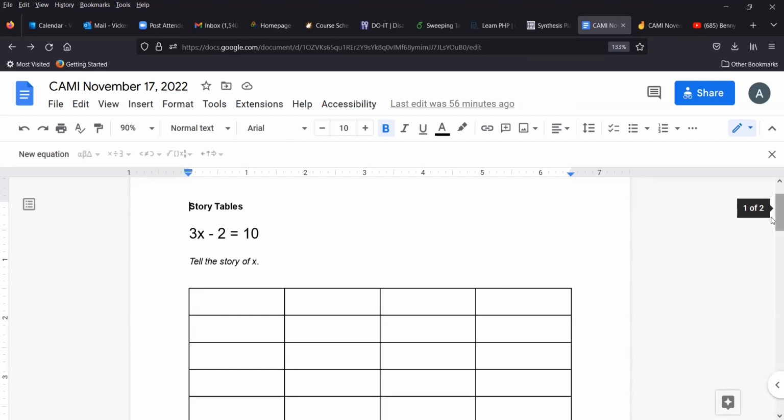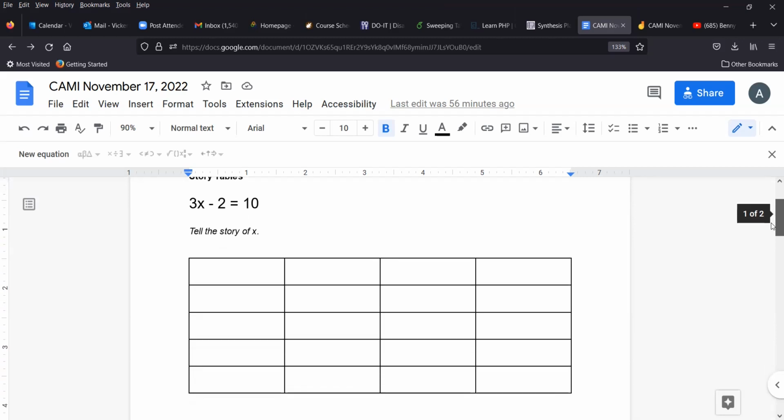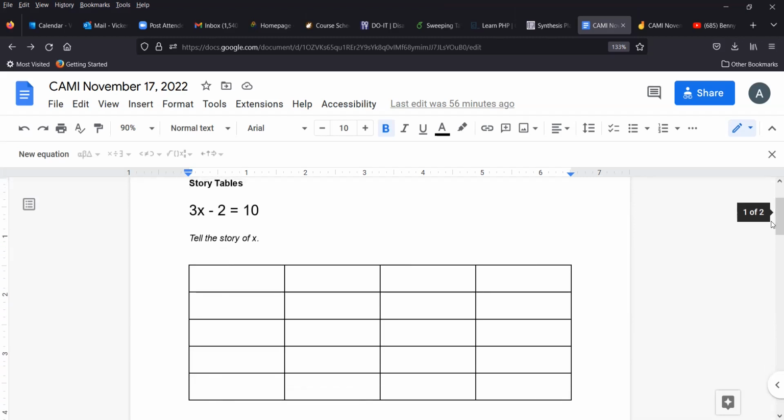Instead of trying to solve this, what we're going to do with the story table is tell the story of X, and then use guess and check to see what might work for X to make this true. But again, I invite you not to try to solve this, because let's see what comes up.